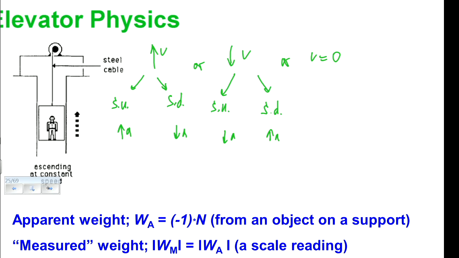Now, if velocity is 0, if it's at rest for a long time, acceleration is 0. Or velocity is constant, the elevator is moving, but velocity doesn't change. What does it say about acceleration?